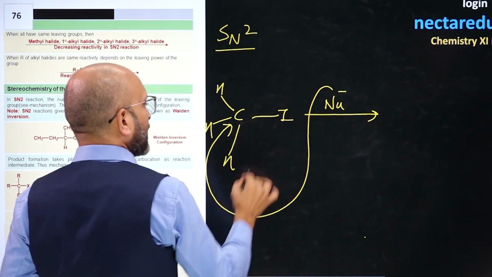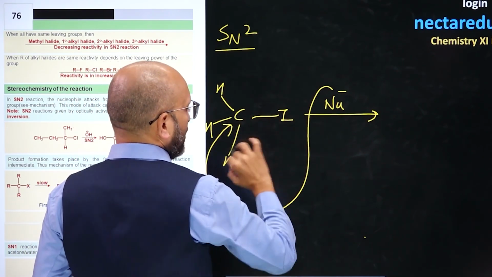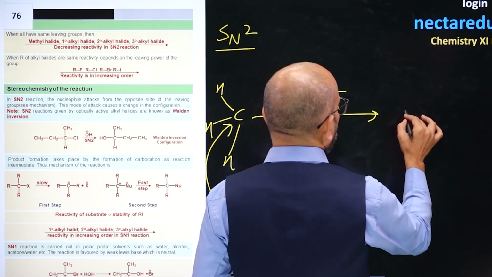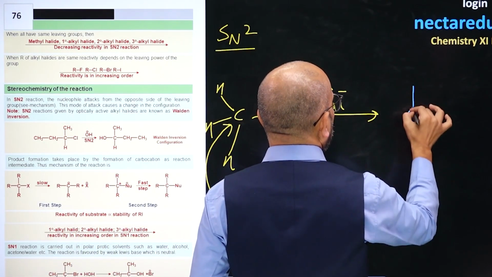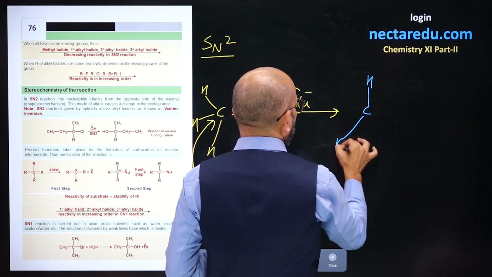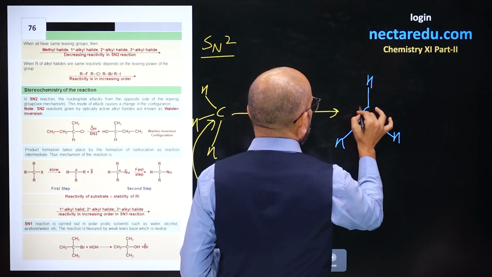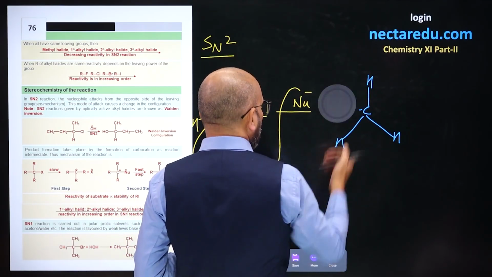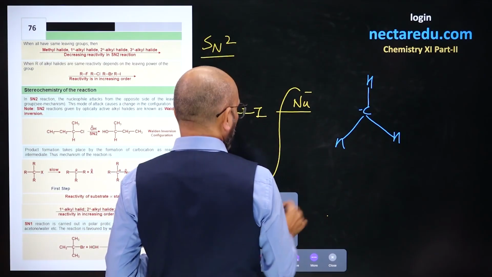It comes from the backside, and this iodine and nucleophile together will form a transition state. Something like this forms, where the nucleophile is at the backside and it is forming a partial bond, not a complete bond.